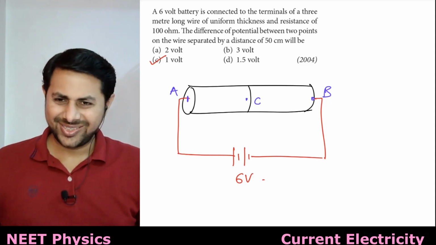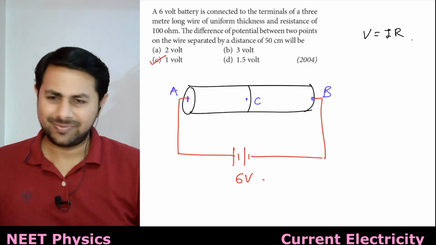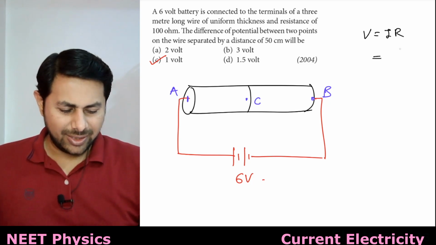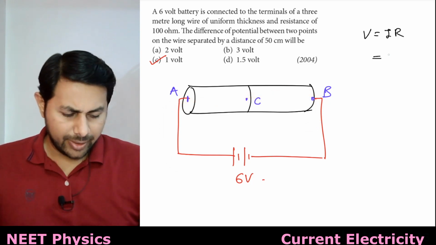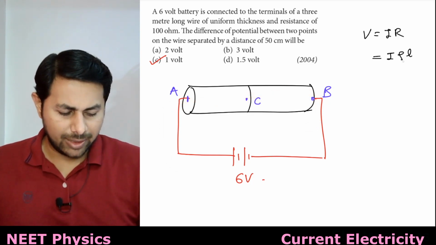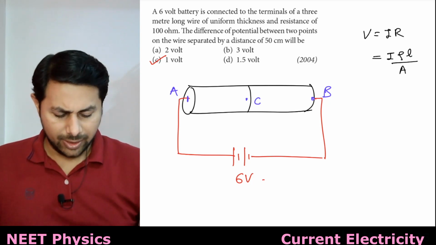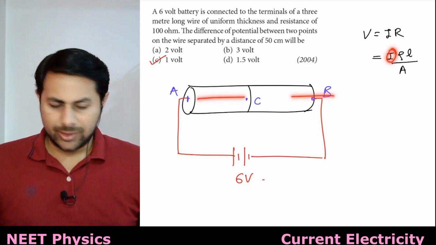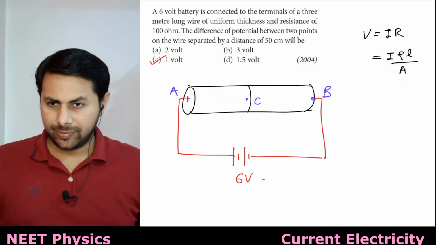Not clear? Alright, see this. We know V is equal to I times R. Some current flows through this wire, then it can be written as I times rho L by A. Now for this wire, I is a constant, rho is a constant, area of cross section is a constant, right?